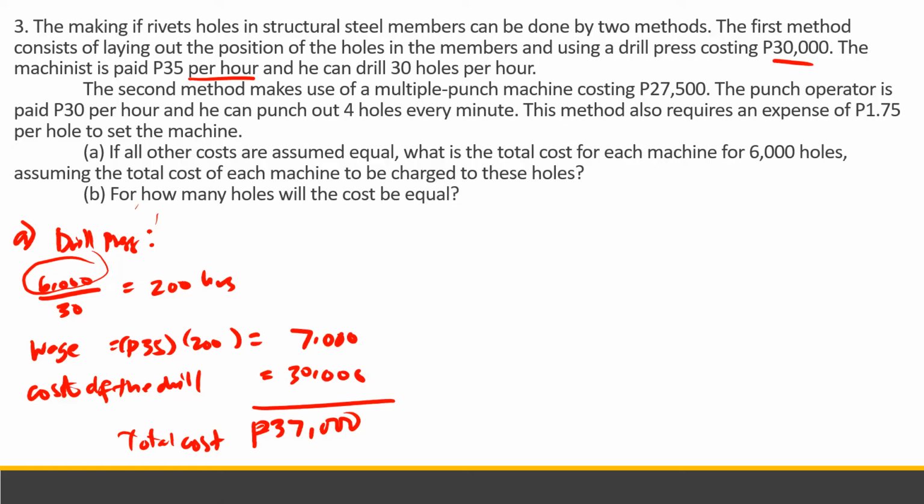So ngayon, for the multiple punch, meron siyang 6,000 divided by, so for every minute, meron siyang 4 holes.